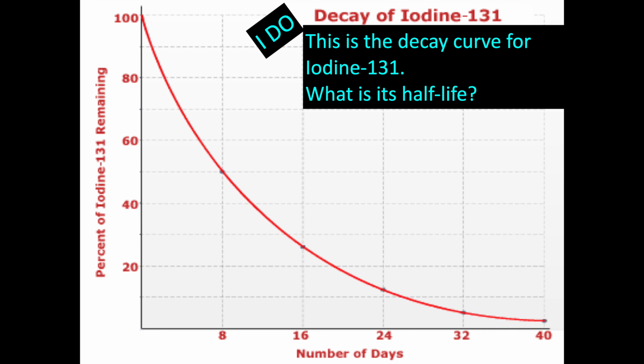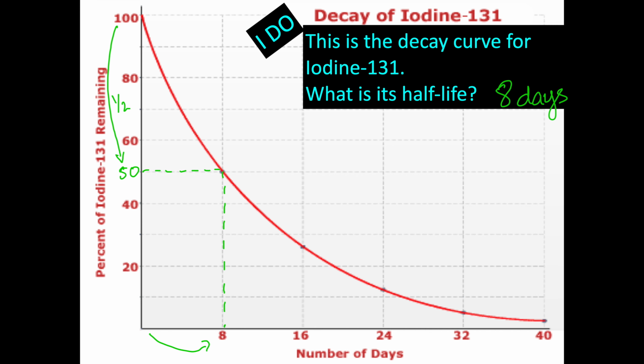Half of 100 is 50. And the amount of time it took for this sample to decay by 50% is 8 days. So the half-life of this sample is 8 days.